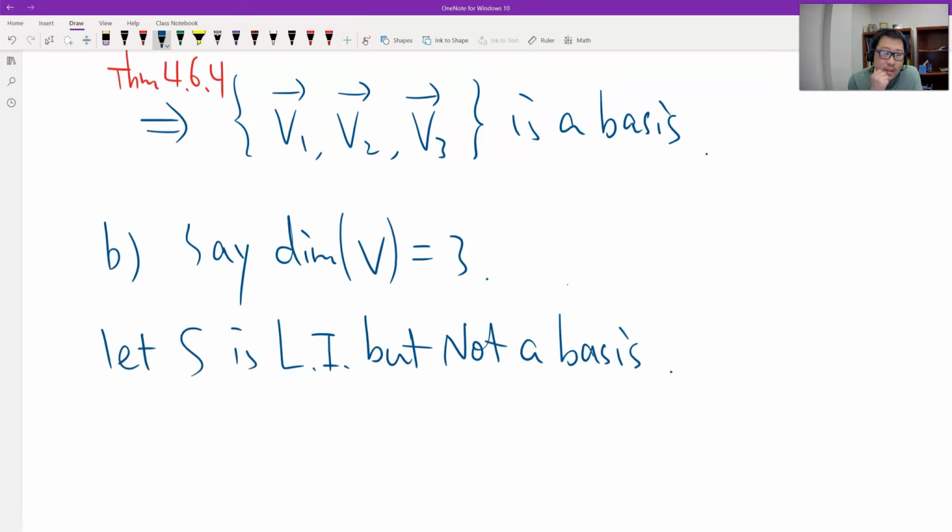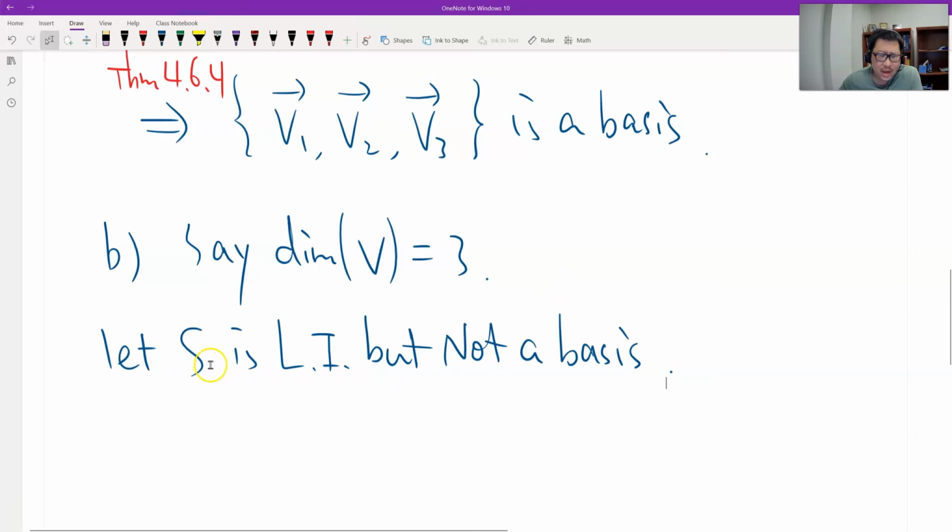So this is S: S is linearly independent, but not a basis. First, we need to see the number of vectors in S is fewer than 3, and then we can grow S into a basis by the plus theorem.